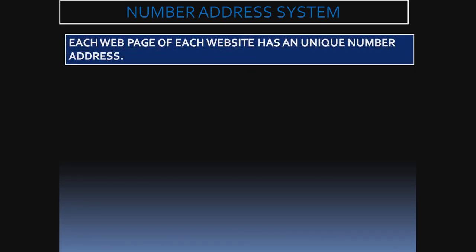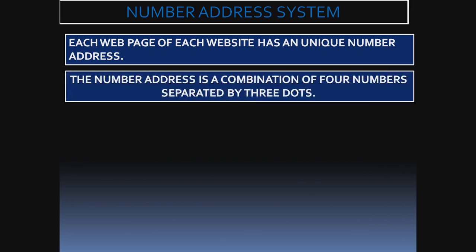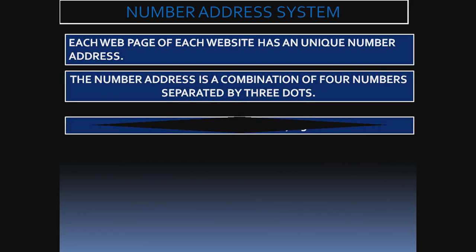So each web page of each website has a unique number address. It is known as its IP address, and this is a combination of 4 numbers separated by 3 dots. An example here is 164.100.107.63. You can even give this in the address bar and the website will open.